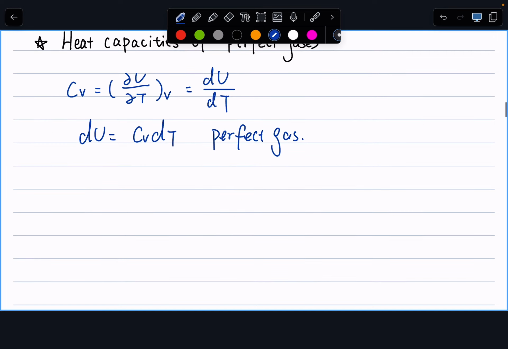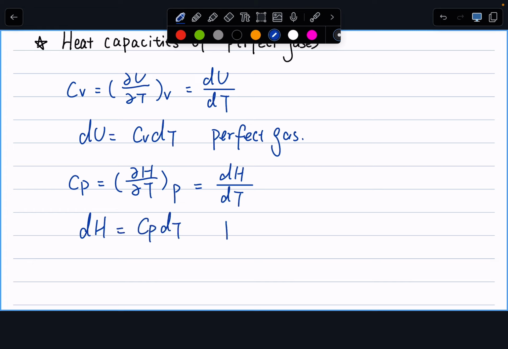Right. Likewise, we can write the isobaric heat capacity as Cp equals dH over dt at constant P, and rewrite it as a normal differential dH over dt. Or we can say dH equals Cp dt for perfect gases.